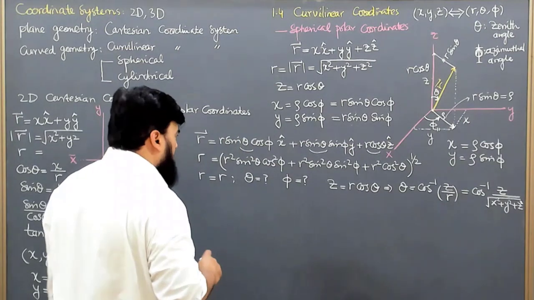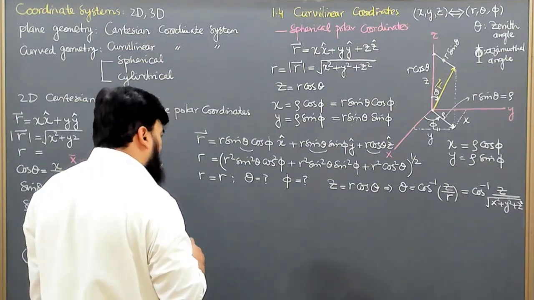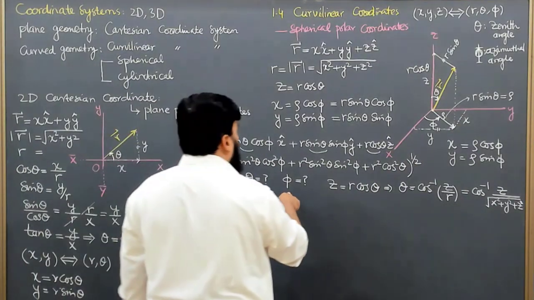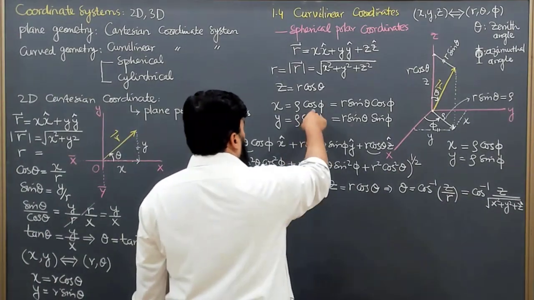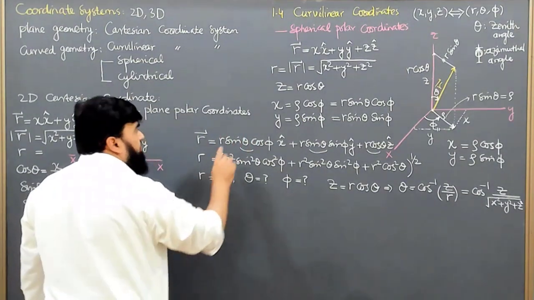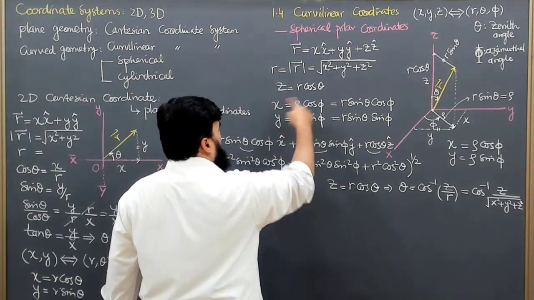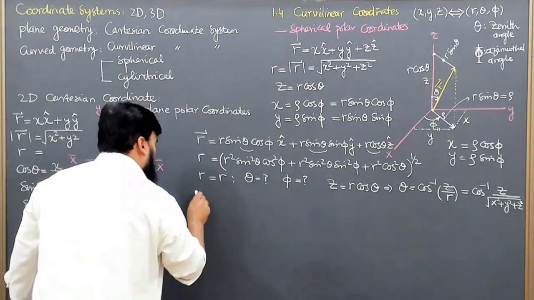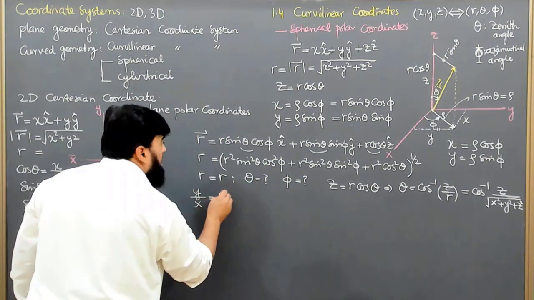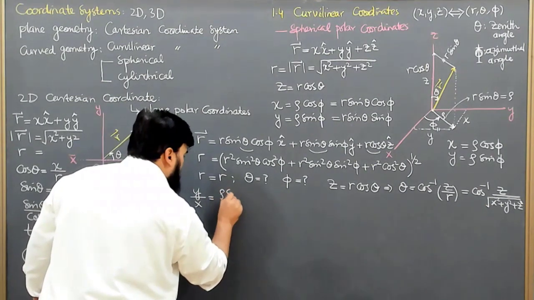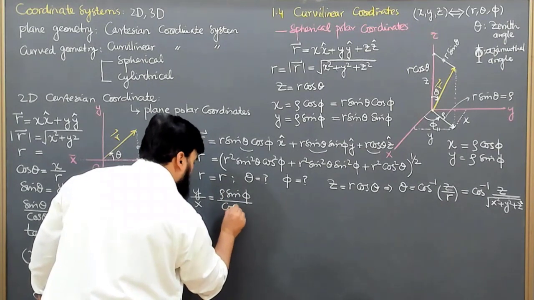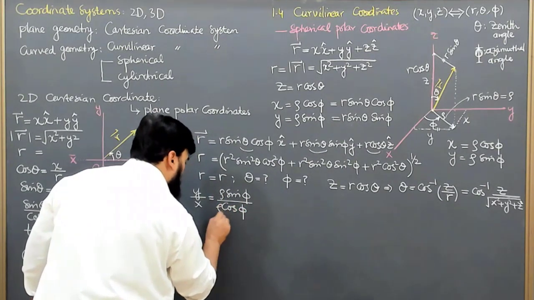And similarly, what about phi? For phi we come here to this one. If I divide this equation by this equation, then it will be y over x equals rho sine phi over rho cos phi.